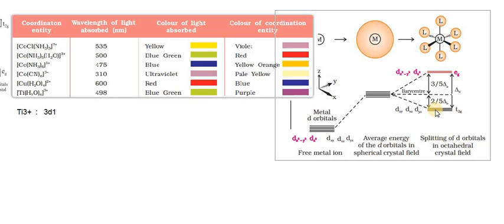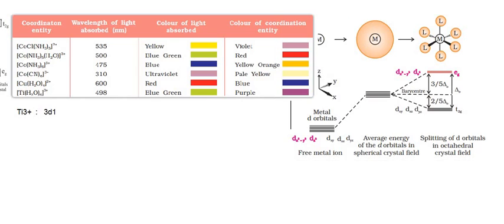But for this electron to absorb light and get excited, it has to be transferred into the eg level.